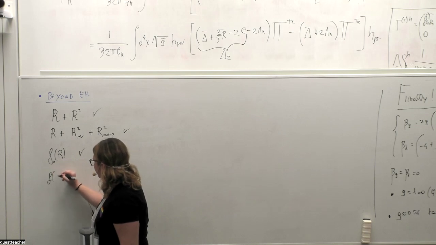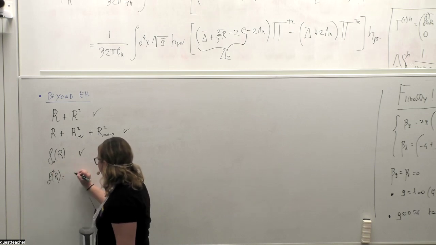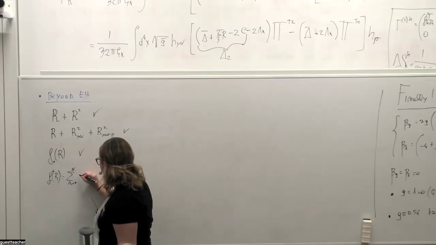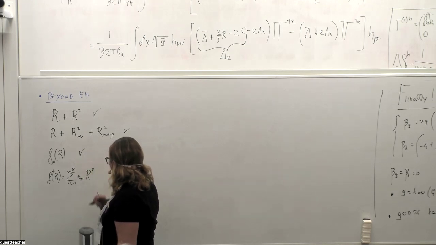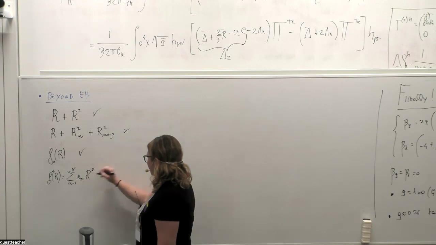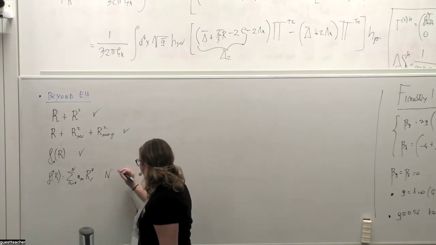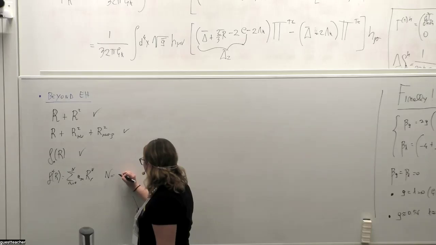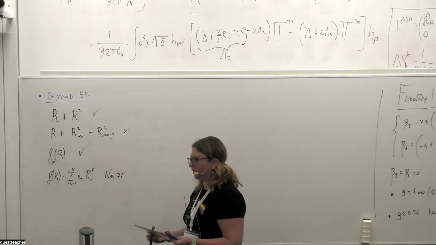So f of R truncated to some order has been done, something like this with coefficients to order n, and I think beta functions have been computed at least until n equal to 71, was it? Something like that.